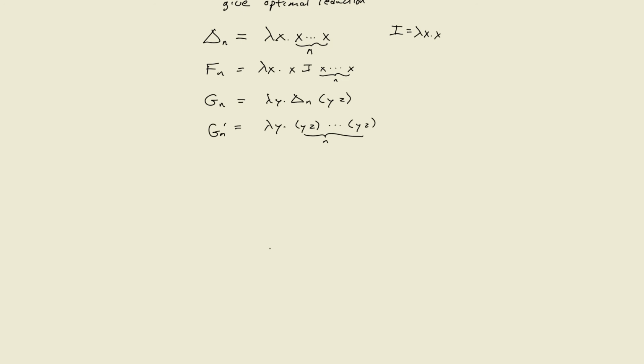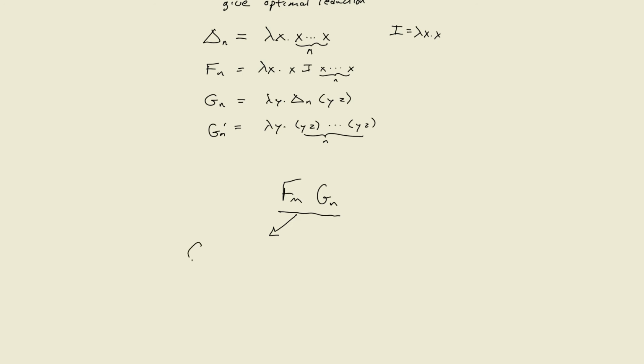So then what the example term is, if you apply F m to G n, what can happen? Well, if you do the outer redexes first, you have to put G n down m times.